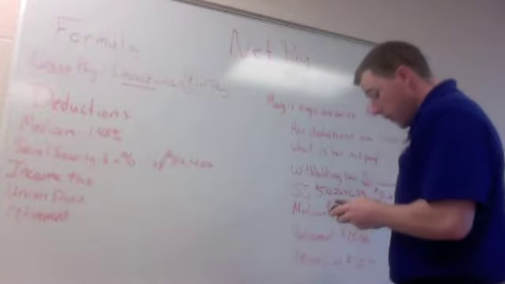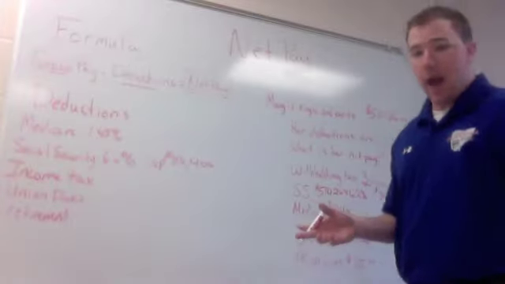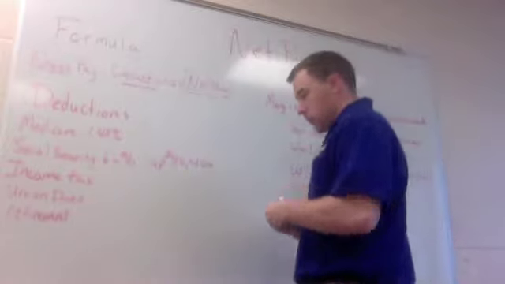Okay, so now we have all of our deductions. When you get all your deductions set up, all you have to do now is add them up. I have deductions of $45, so I have to figure out what my total deduction is.